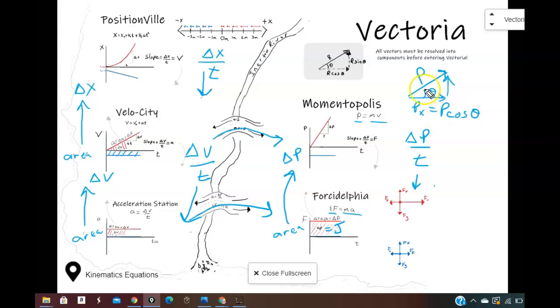If it's not, this would be switched around, but usually I just like to work with my horizontal angles. And I'd figure out my momentum in my y direction, and that would just be my original momentum times the sine of that angle. So don't forget about that. That was a really quick rundown of our vectors that we need to know.